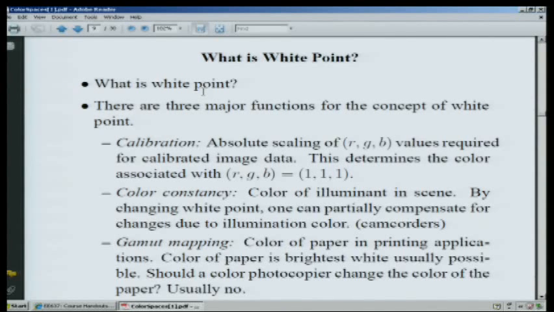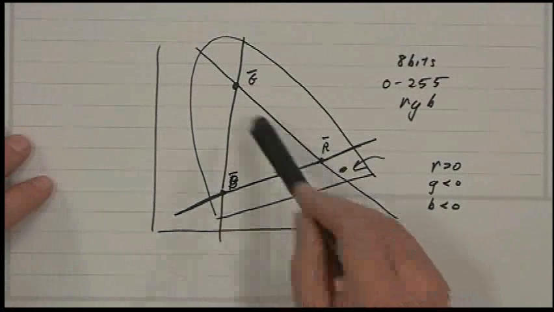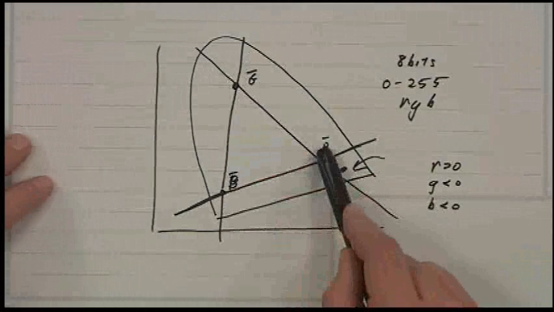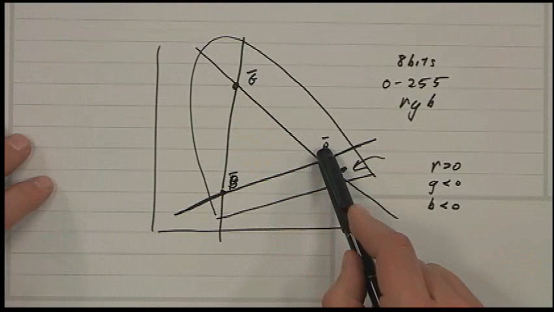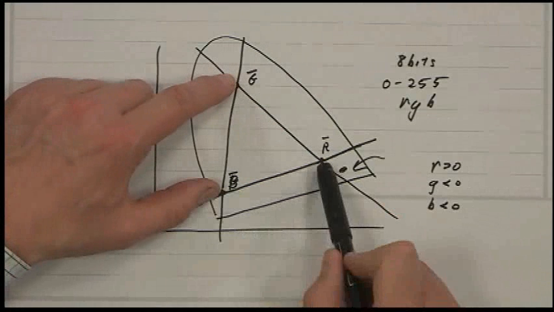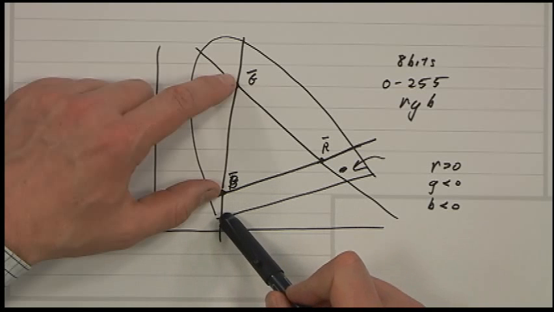In my view, one of the most basic applications of white point is just pure calibration. When you define a color space, if we can go back to the paper again, if I tell you the chromaticities of the RGB primaries and you give me RGB values, now I mostly know how to interpret those values.